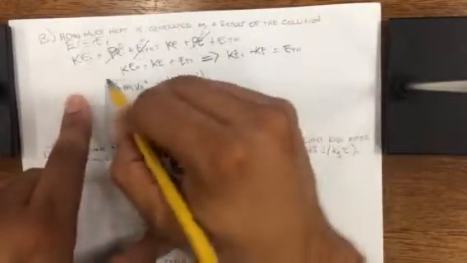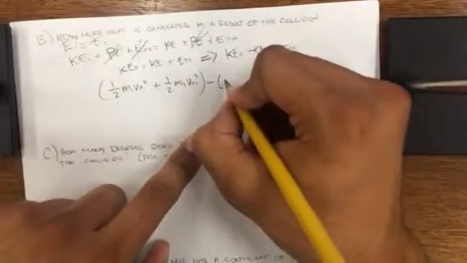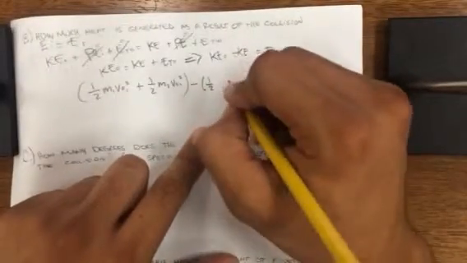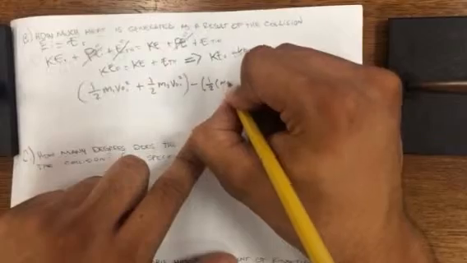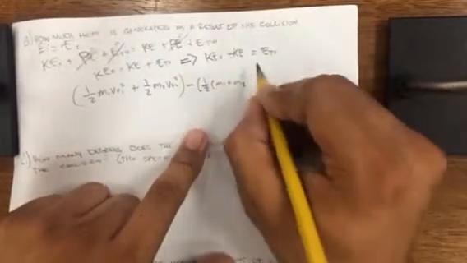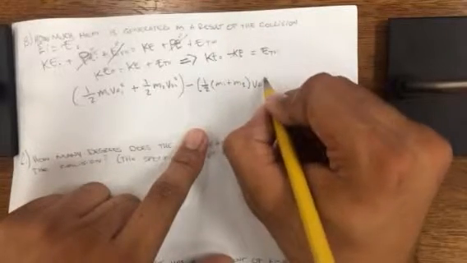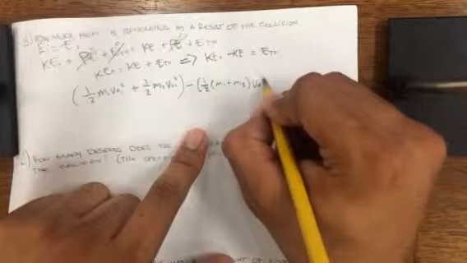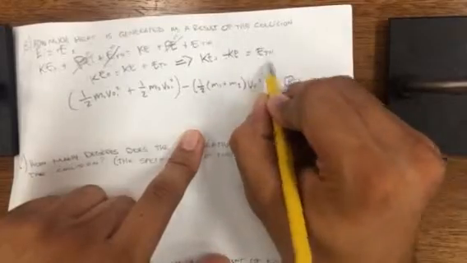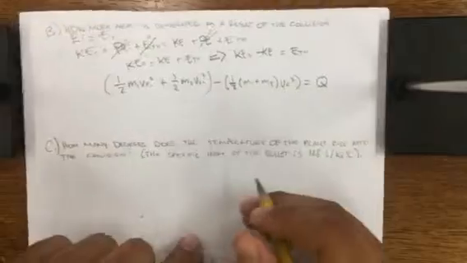All of this is kinetic energy, and then minus is right here. Then kinetic energy final will be half multiplied by the sum of m1 and m2 times velocity final squared. Okay, and this will be equal to thermal energy, which is measured as heat. Okay, and we just need to substitute the values.